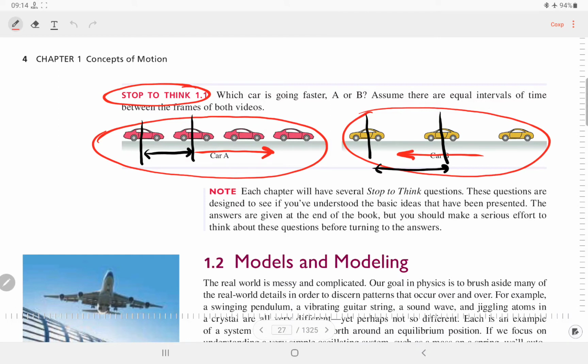And we can say the yellow car is moving faster, with greater velocity than the red car, but to the left. The red car is moving to the right. So this is the difference. Now let's answer the question, which car is going faster? It's obvious that the yellow car is moving faster. But the direction is the left direction.